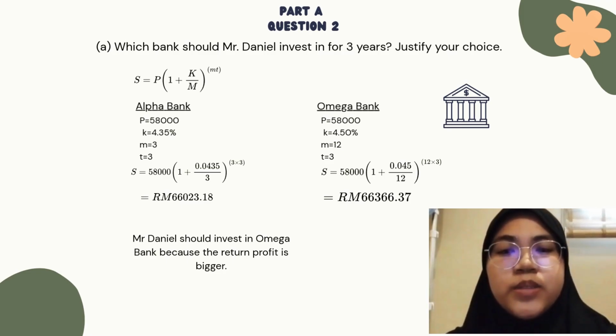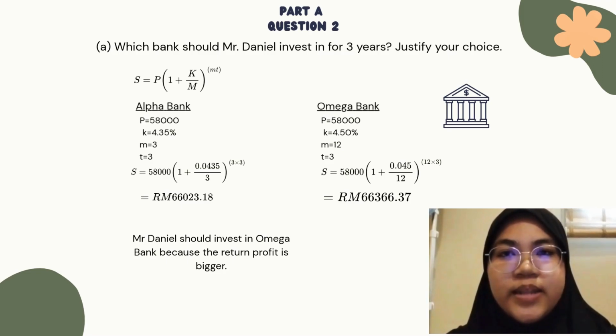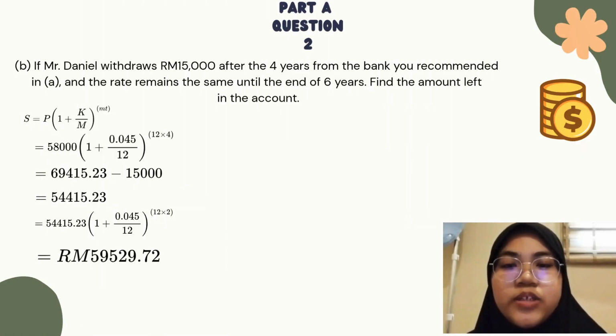Substitute the values into the formula and we will get 66,023 ringgit 18 cents. Then for Omega Bank, P is 58,000, K is 4.50%, M is 12, T is 3, and substituting the values into the formula, we will get 66,366 ringgit 37 cents.